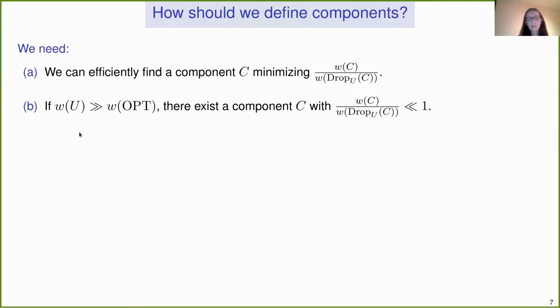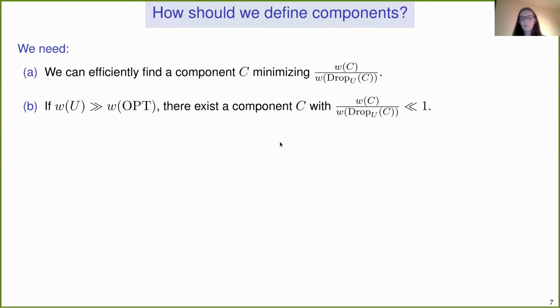That's why we need the second property, which says that if the weight of U is still much more than the weight of opt, there should exist some component that we can use to make progress. So the ratio between the weight of what I add and the weight of what I can remove is significantly less than 1. So this ratio should be bounded away from 1.